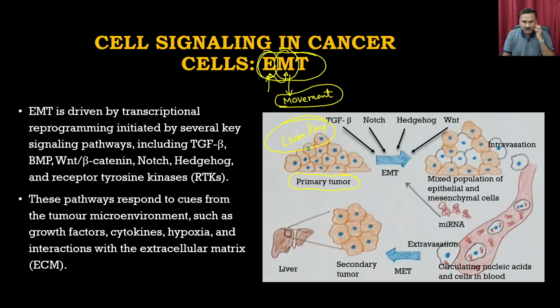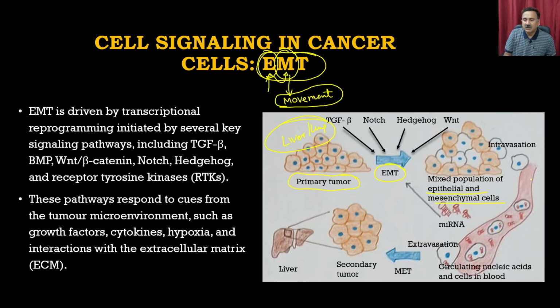So basically, when you talk about EMT, the cells are in the epithelial type, and then they form a mixed population of epithelial and mesenchymal cells, and then ultimately they get converted into the mesenchymal type so that they gain the apparatus for movement, right?